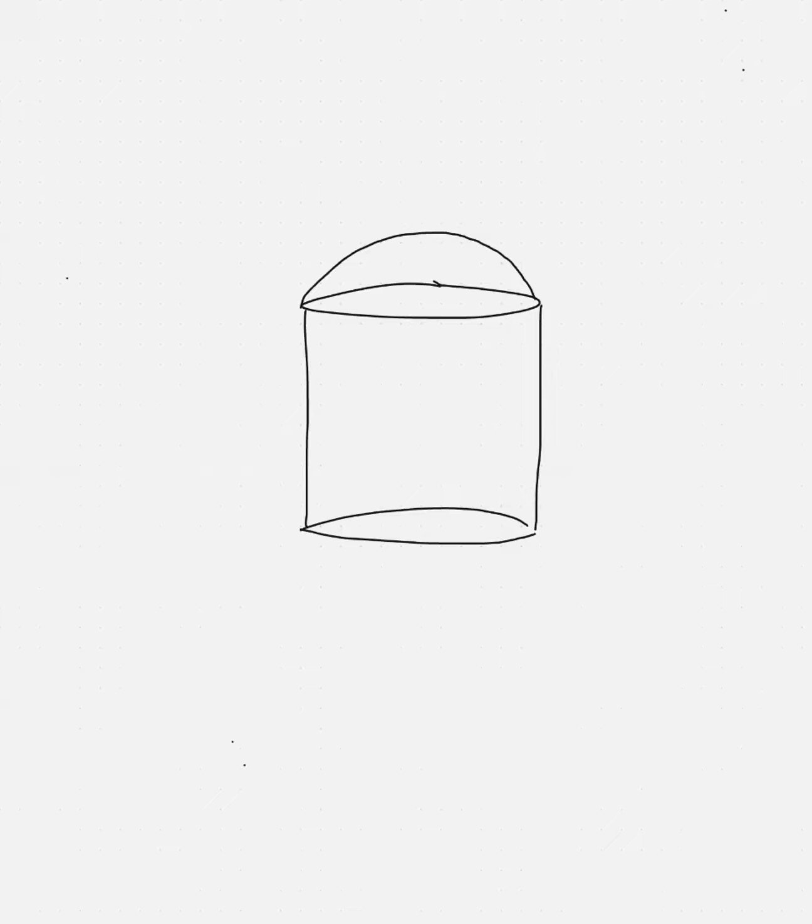What you're seeing is that the radius, which is right here, is 3 centimeters. From here to here is 3 centimeters. Anybody know what a hemisphere is? A hemisphere is half of the Earth.